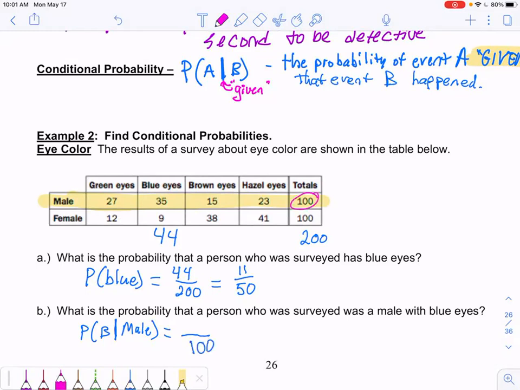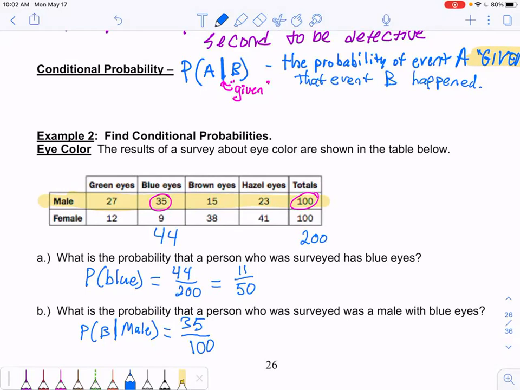We can see that over here. Out of that 100, how many males have blue eyes? 35. Good. So now we have 35 over 100. So that reduced our sample space by half, because now we're only looking at the males.